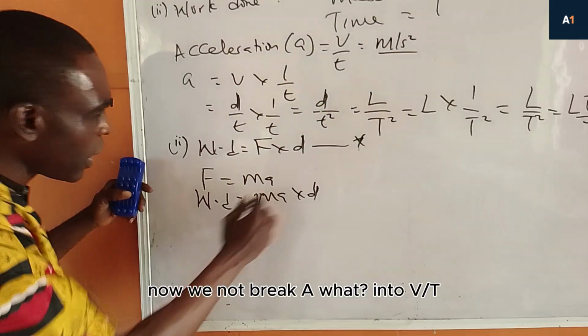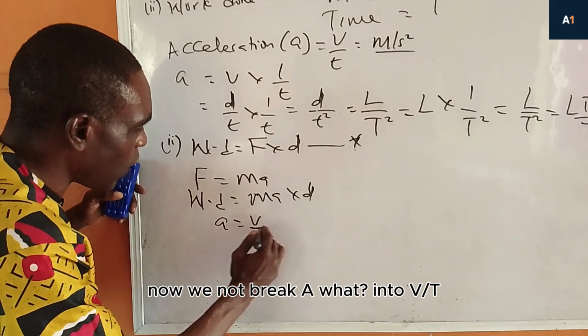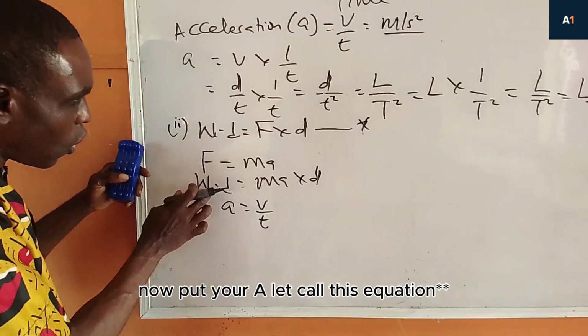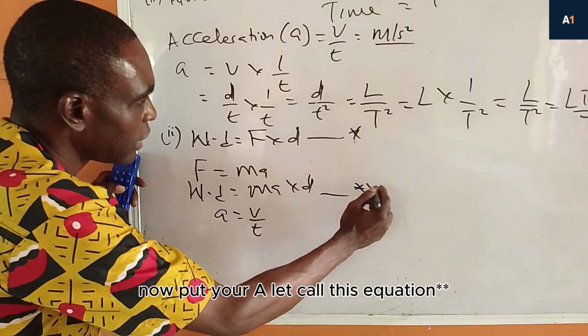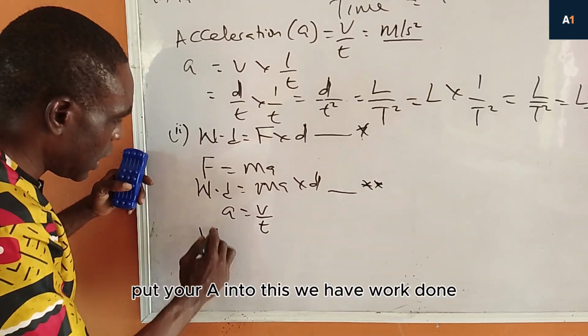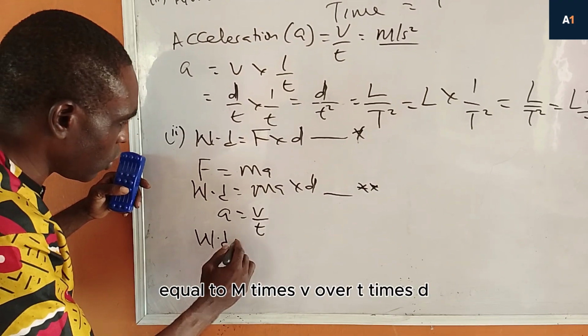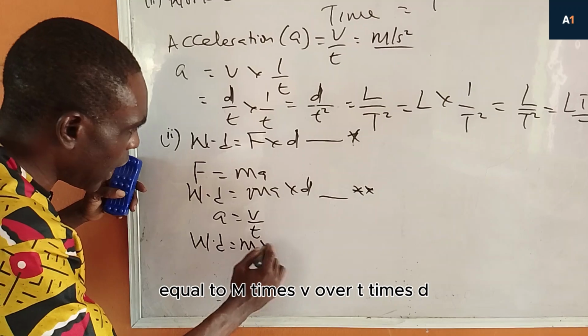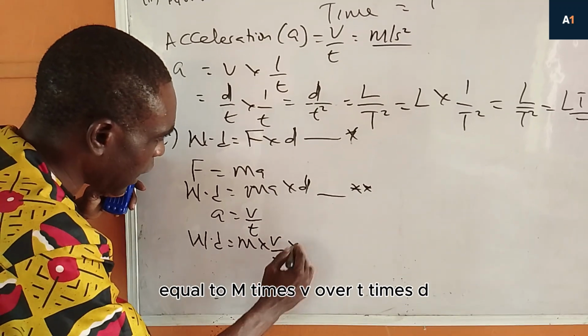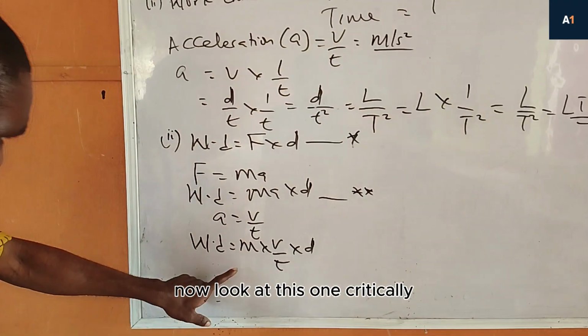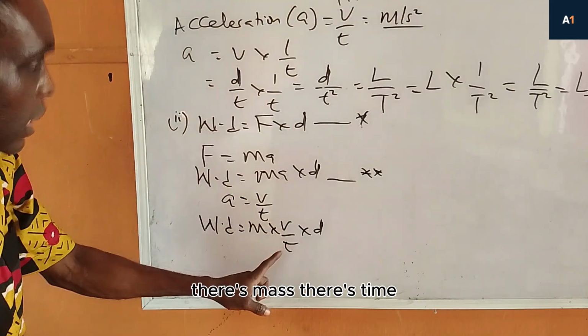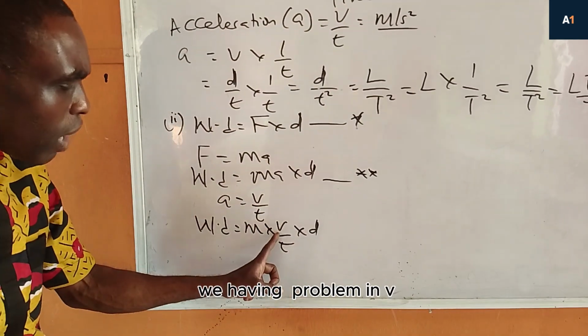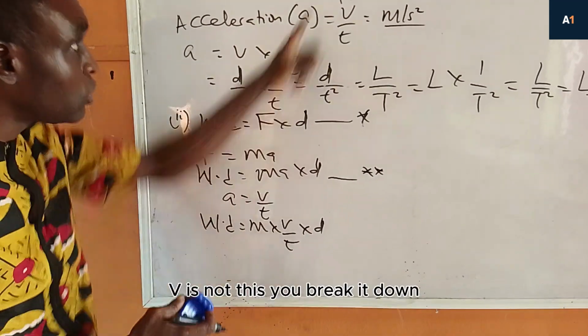Now, we break A into velocity over time. Put your A into this. We have work done equal to M times V over T times D. Now, if you look at this one critically, there is mass, there is time, there is distance, but we have a problem in V. V is not a fundamental dimension.